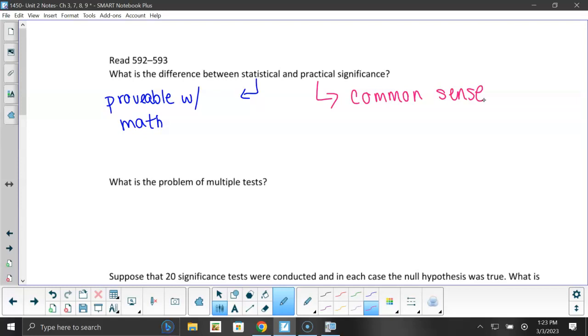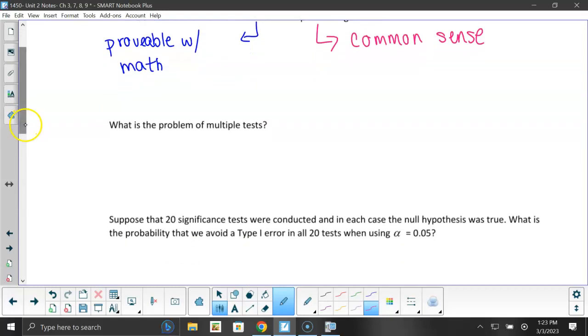Pretty much. All right, so what do you think the problem is with doing multiple tests trying to do the same thing? Okay, results can differ. Does it take a lot of time to run multiple tests?